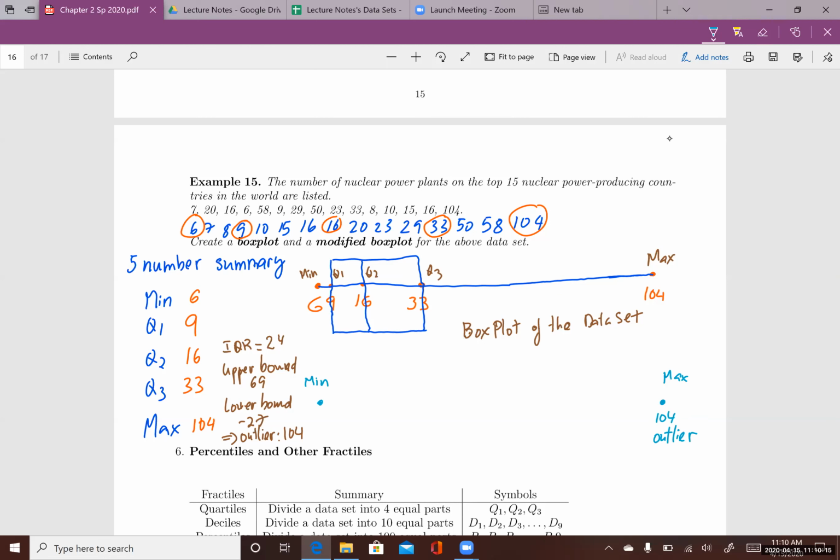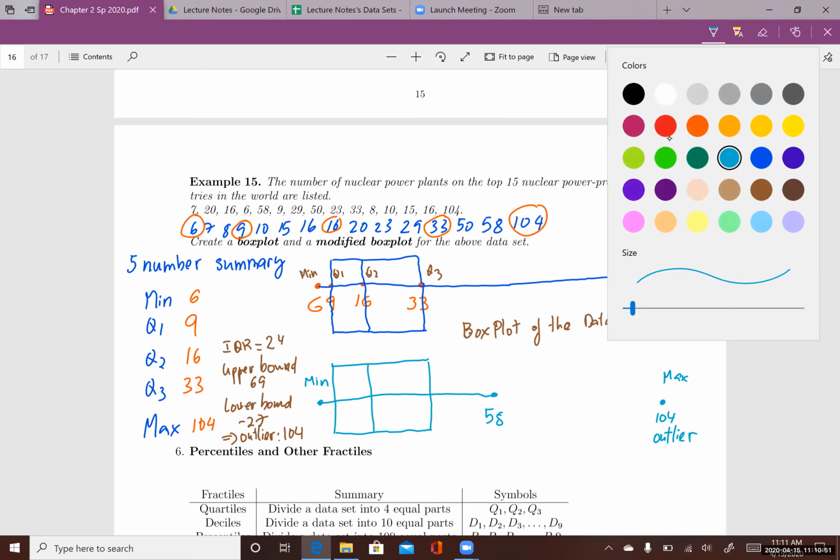The maximum value in the data set that is not an outlier is 58, so I only extend my whisker up to 58. It's 58 right here. And I make a box out of Q1 and Q3, and a vertical line through Q2, just the same as how I made the box plot up here. So this is the modified box plot for this data set.